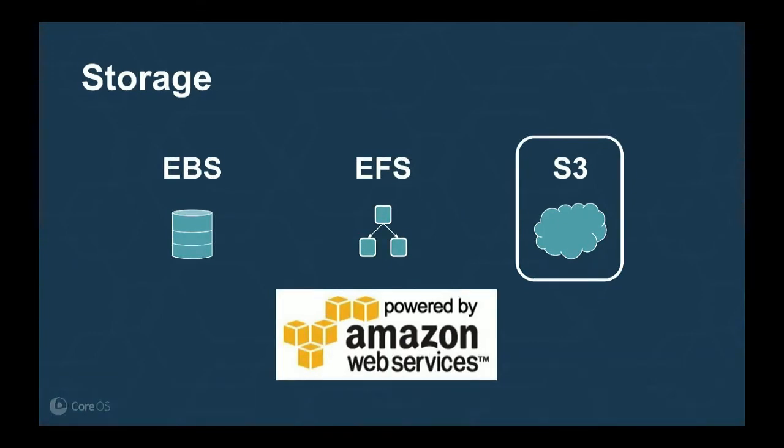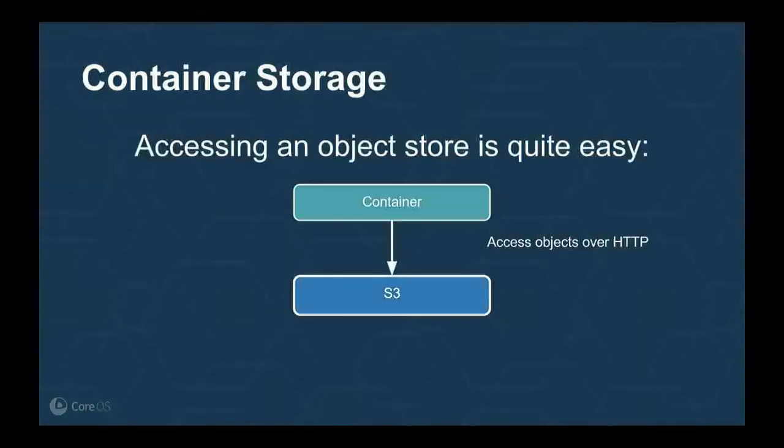So let's talk a little bit about S3 and how it can be used in containers. Accessing the object store is actually quite easy from containers. All they need is network access to reach that content on S3, and this is done over a simple HTTP protocol.